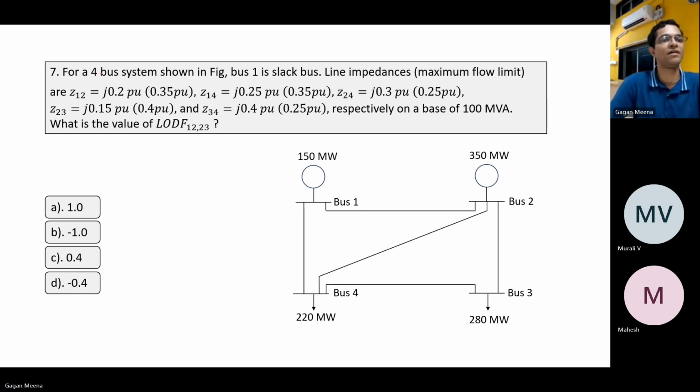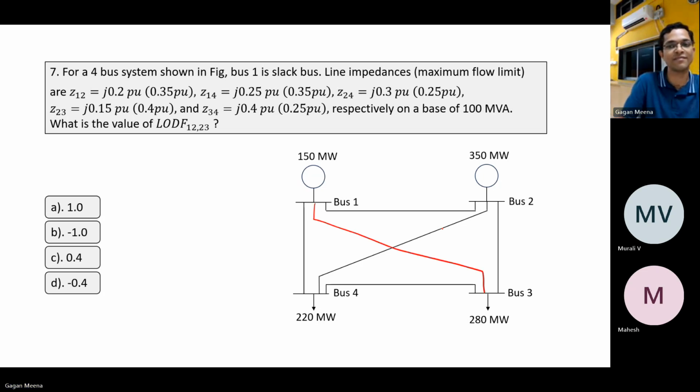Okay, this is the question. It is similar to what is there in the assignment, but it is not the same. I have taken this question from the Wood-Wollenberg book's unsolved problems. In the assignment problem, the line is in between.